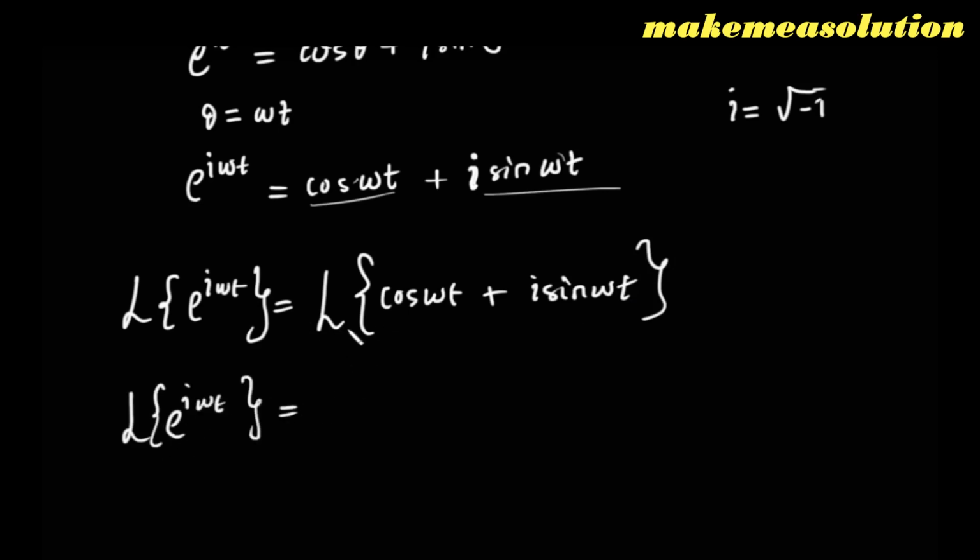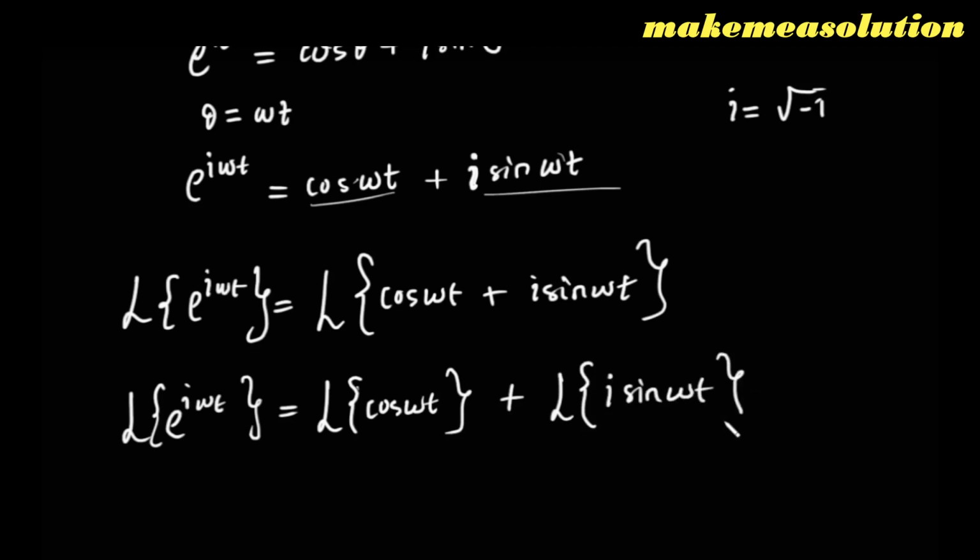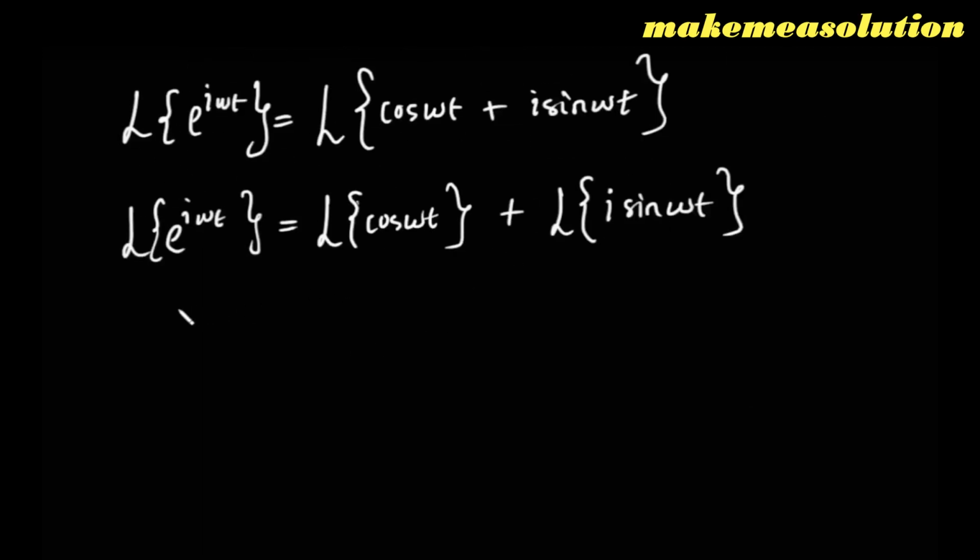Linearity allows me to see the Laplace transform of a sum as the sum of the individual Laplace transforms, like this: the Laplace transform of cos omega t plus the Laplace transform of i sine omega t.